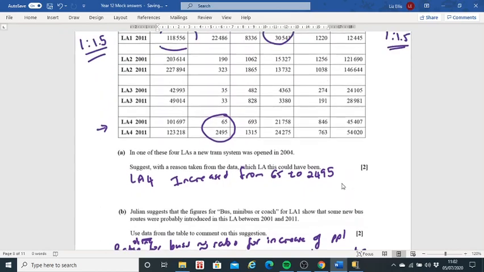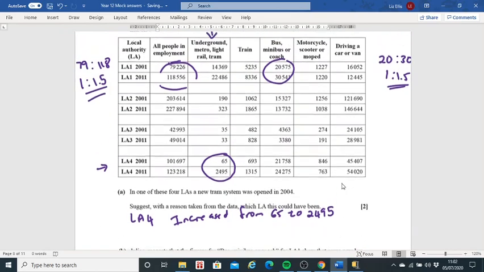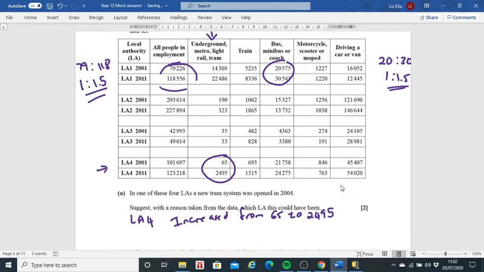So looking at those local authorities, and we're looking at the car now. So driving a car or van. Which one of these has seen a decrease, less people driving? And hopefully you can see it's this one here.